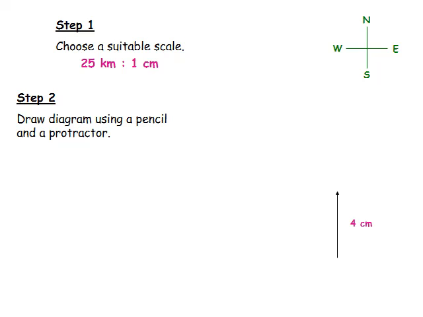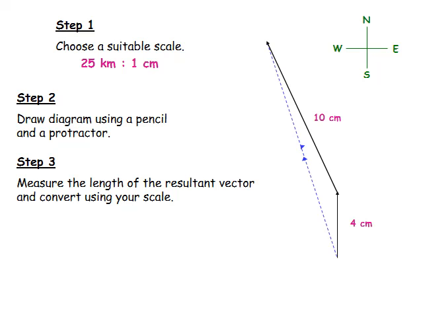There's my 4 centimeters, because that's 100 kilometers. Then it goes 250 kilometers in that direction, but I need to have measured the angle carefully to make sure it's the right way. Then I draw in my resultant, measure it and convert the scale. So 13.7 centimeters times 25 gives me 342.5 kilometers.